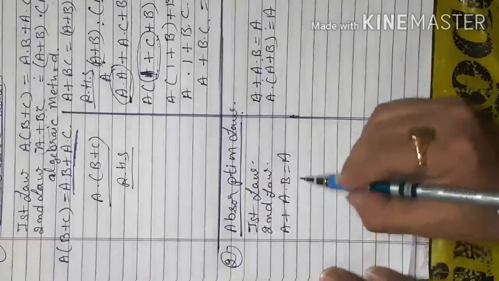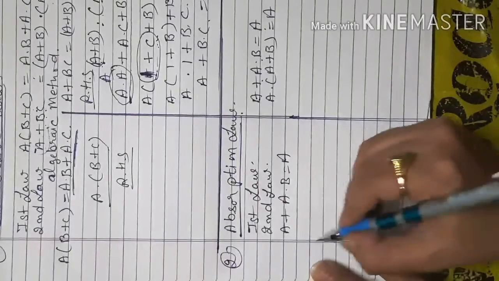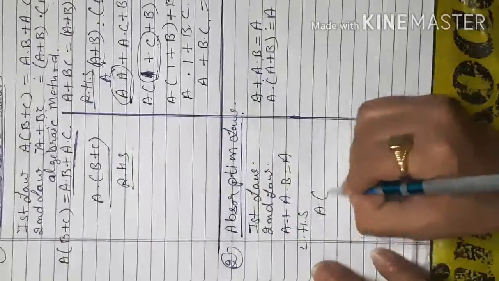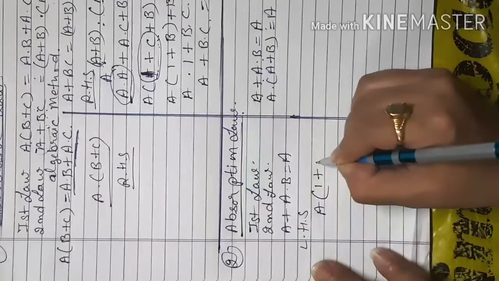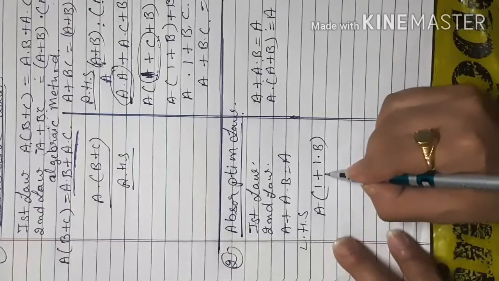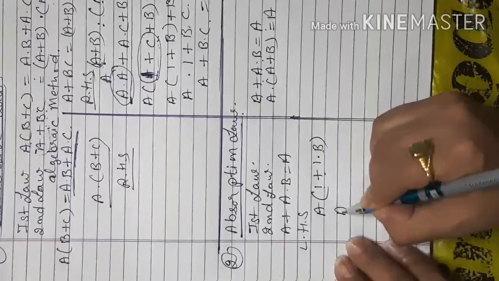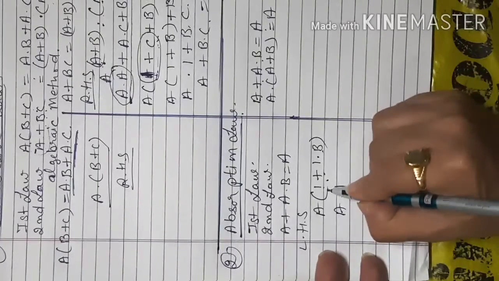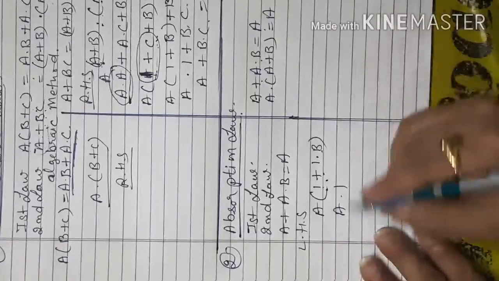Now in this left hand side, if I take A common, what is left? A dot (1 plus B). So 1 or B gives me 1, because in the OR condition, if any term is true, my answer will be true.